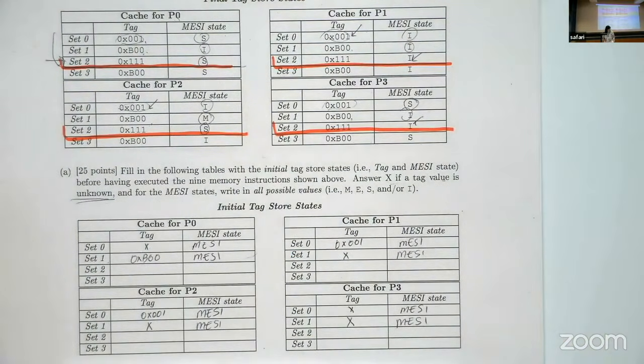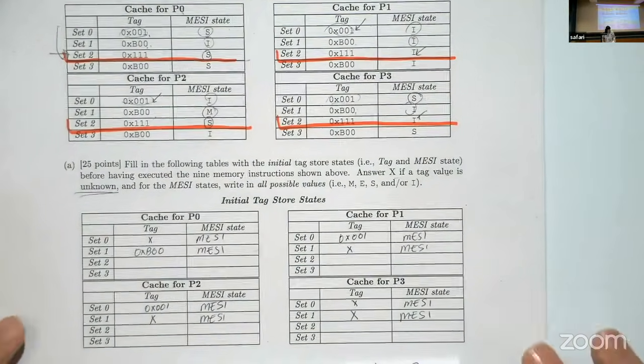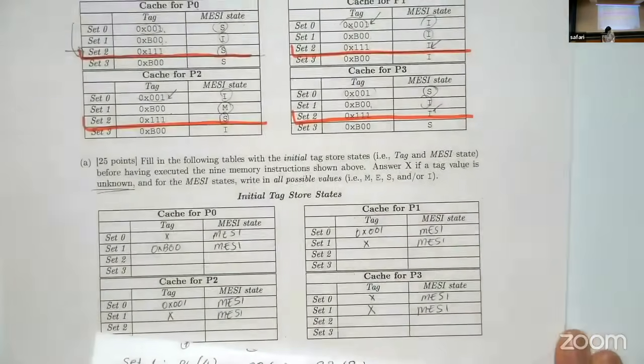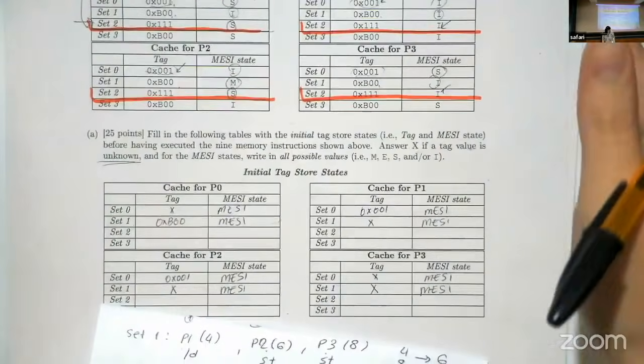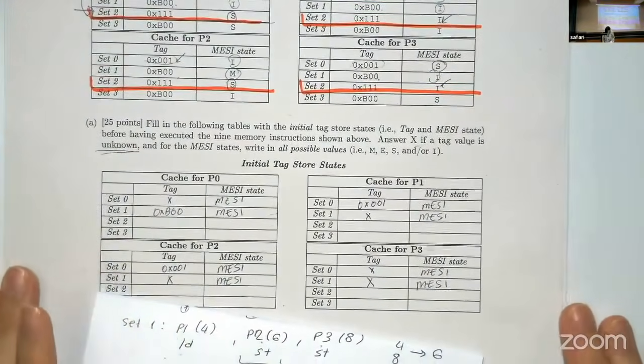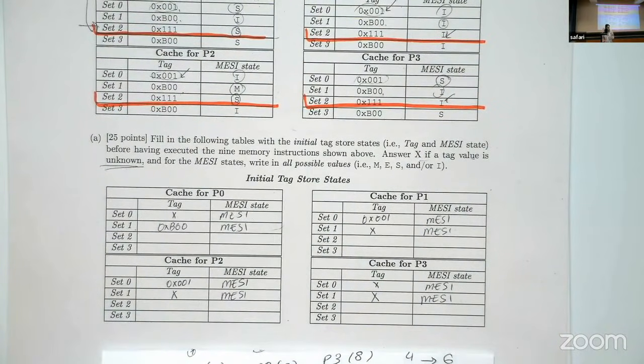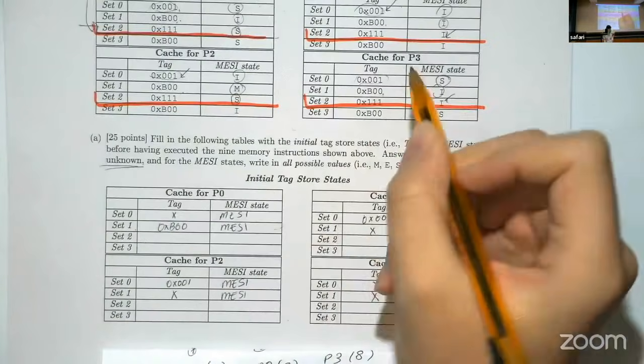And when we think about the initial state, let's go there, and maybe you need to also see this. Can you guess the initial tags and states for this one? So it's again very similar. We have a hint here.